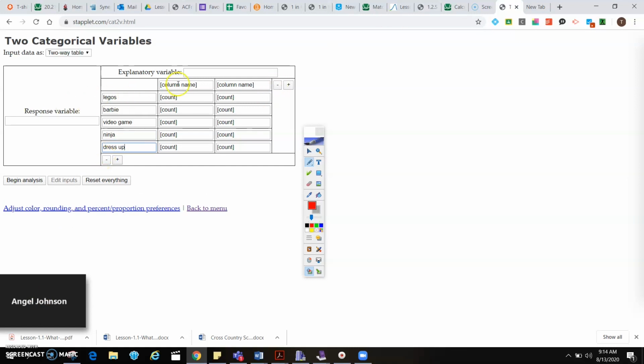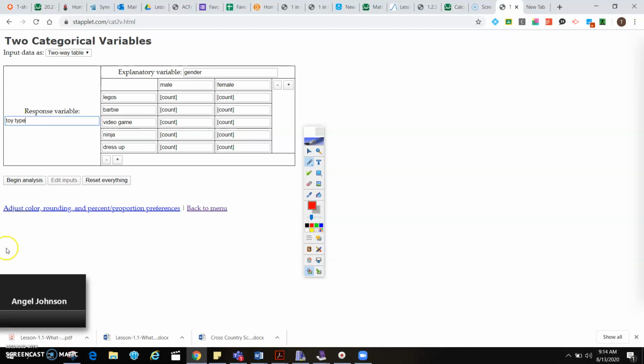And then we got male and female. Okay, so our explanatory variable is going to be that gender aspect, and then the response is the toy type.